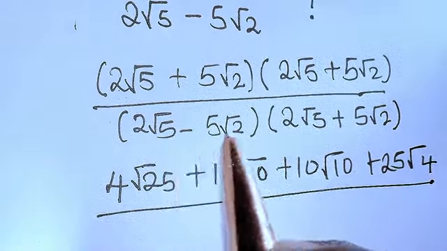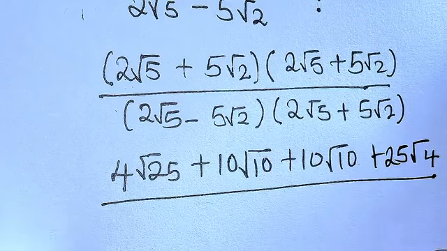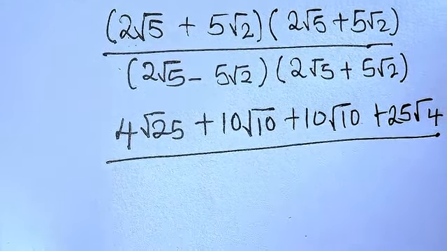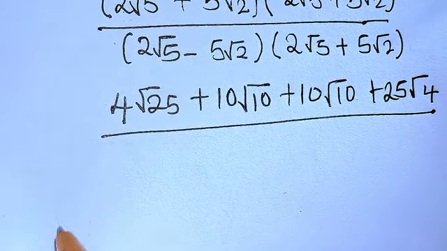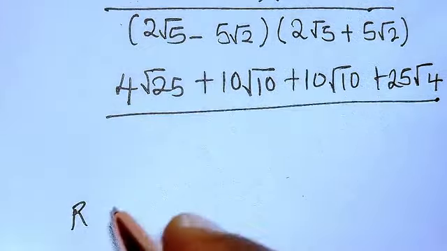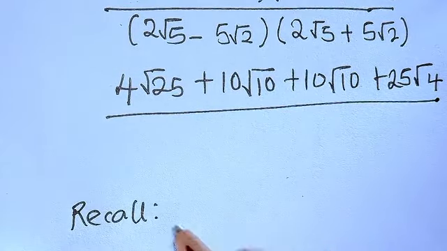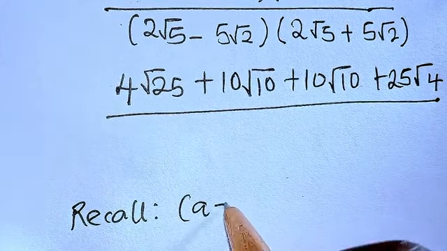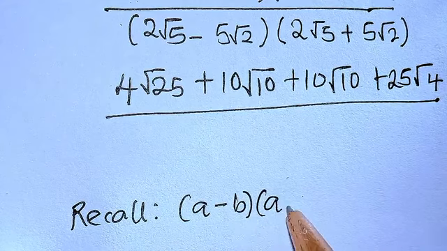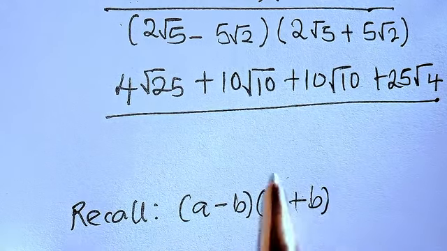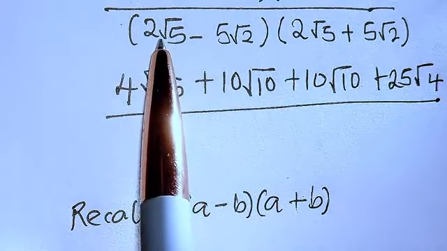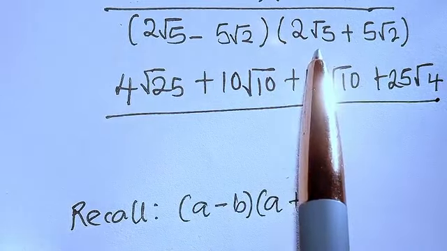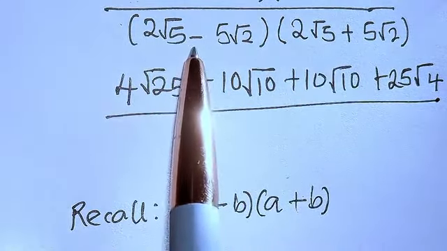Now here, I want us to use the difference of two squares. Let's recall: whenever you have something like a minus b times a plus b, you can see it takes the form of this denominator here. The two factors are almost the same; the difference is the sign in between them.